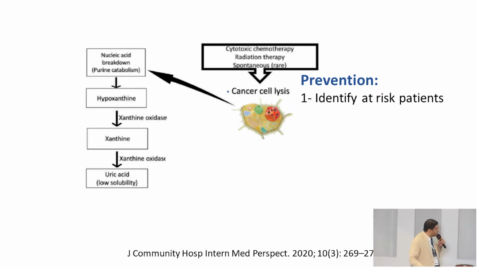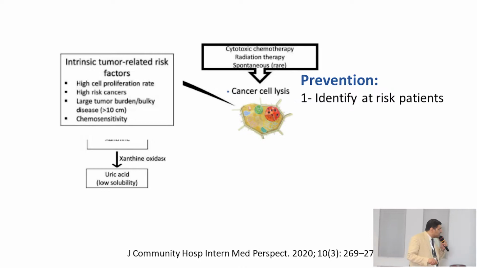There are tumors that have high risk for tumor lysis syndrome: tumors with a high cell proliferation rate, high risk cancers, tumors with a size more than 10 centimeters, and the chemosensitivity of the patient. This is a classification that is known more by the hematologist and the oncologist about how to consider the type of cancer as high, intermediate, or low risk. The patient with higher risk must be identified and must have good preventive measures to avoid the development of tumor lysis syndrome.